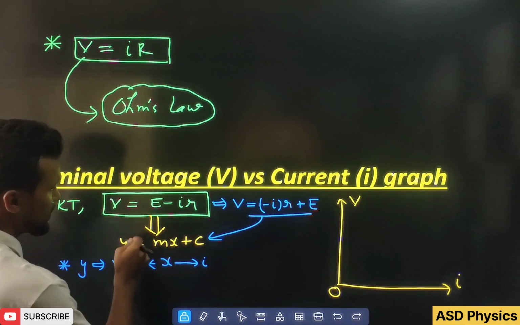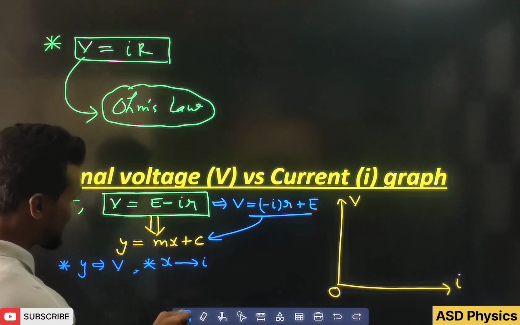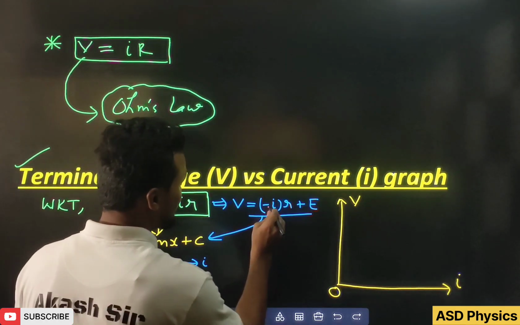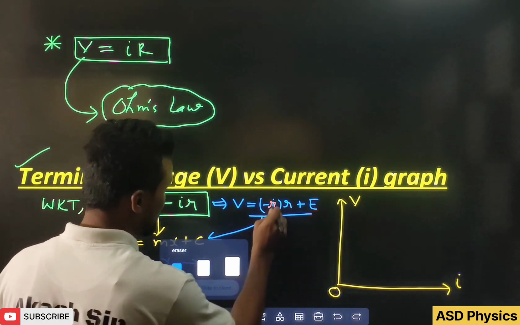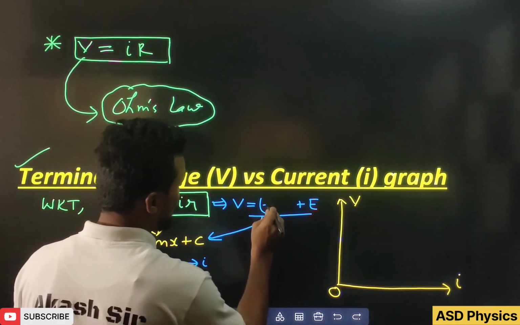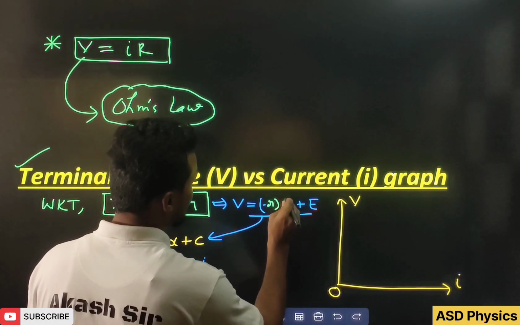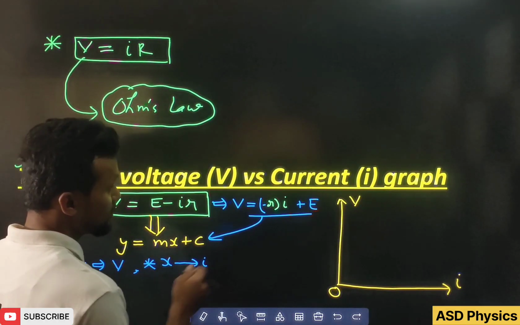A little bit of mistake happened. Just make it minus IR and here E. I will just correct it. Minus R into I.